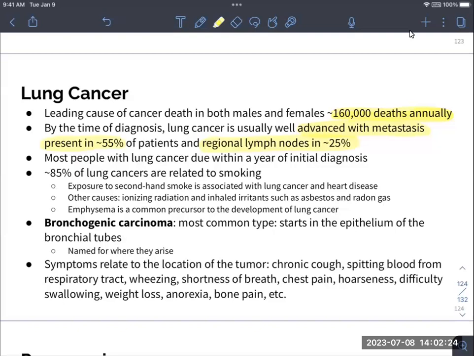Most people with lung cancer diagnosis tend to die within a year of diagnosis because people don't normally know they have lung cancer until it is too late. About 85% of these lung cancer cases are related to smoking. Can be secondhand smoke, so around somebody who smokes.